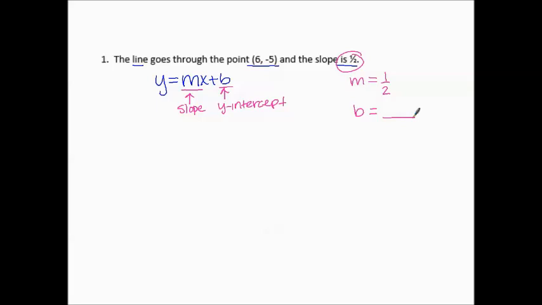So what I'm going to do is use substitution. I'm going to substitute the given information. So I know that I have the point 6, -5. 6 is my x-coordinate and -5 is my y-coordinate. And I also know that my slope, my m, is 1/2.